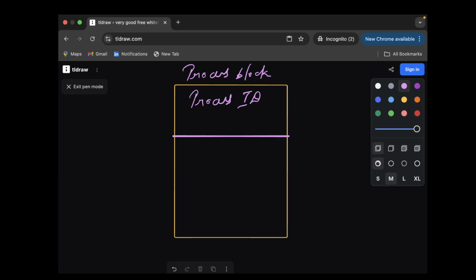So we have local memory storage units here. In a program we can have two types of memory, right? Either it could be a stack or it could be a heap.